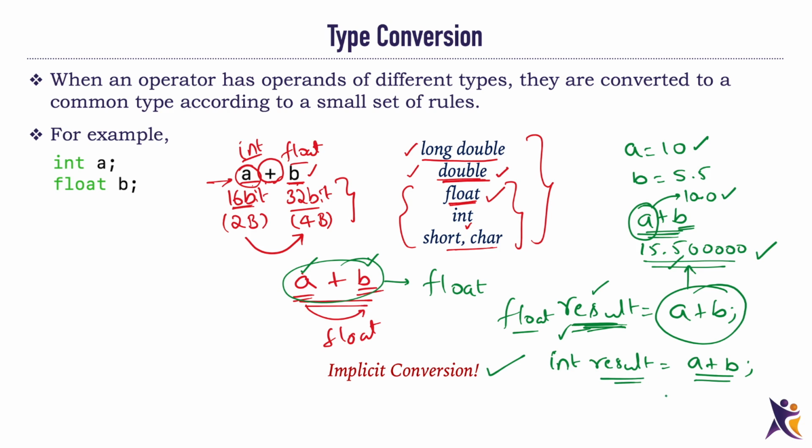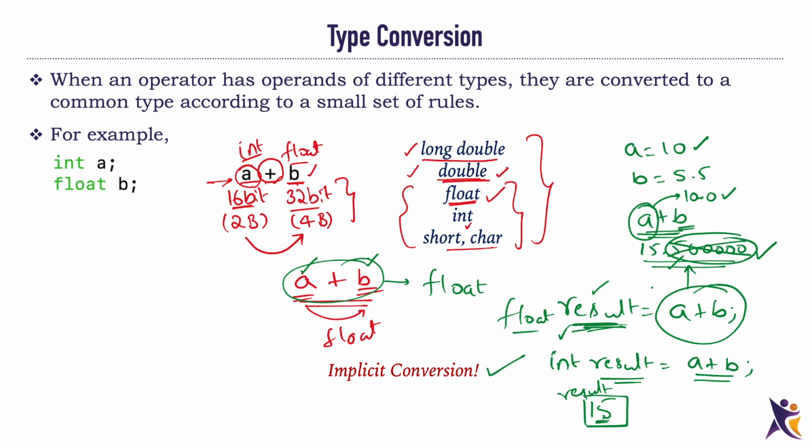Then what happens is, the compiler simply drops the digits which are after the decimal. All the digits after the decimal will be dropped, and only 15 will be stored in this result variable, right?